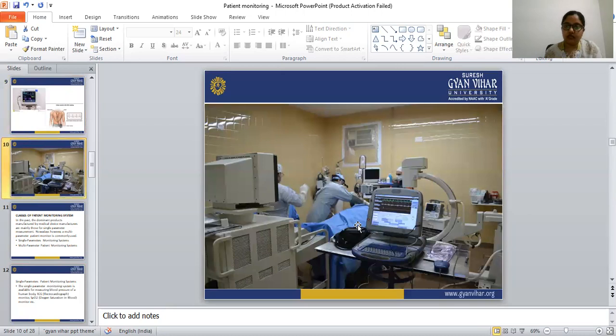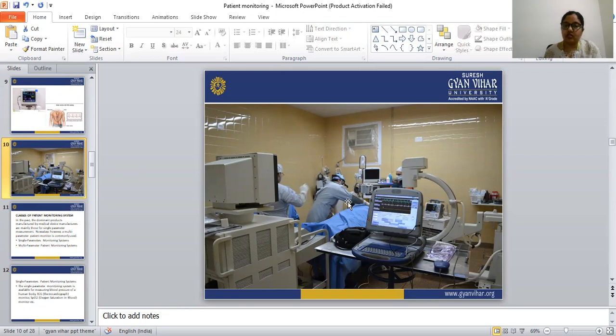Let's see one more example. This is again an example of the patient monitoring system. In this, a patient is undergoing surgery, and all the computerized parameters, such as oxygen saturation level, BP, heart rate, and pulse rate, can be measured through this computerized patient monitoring system.